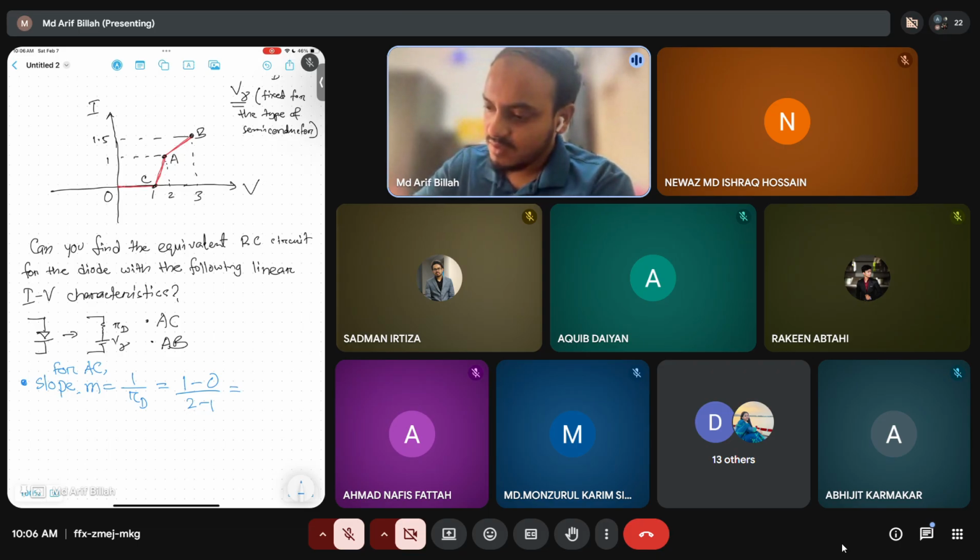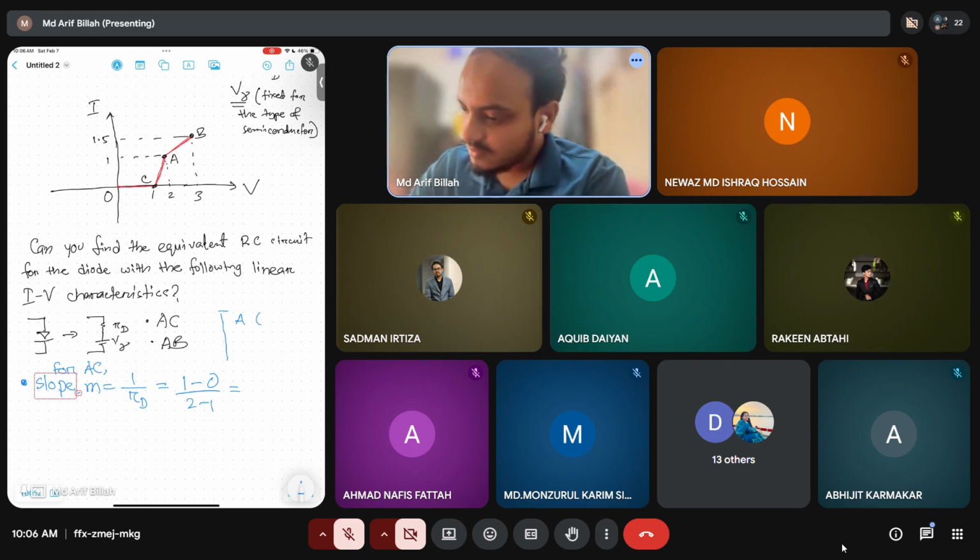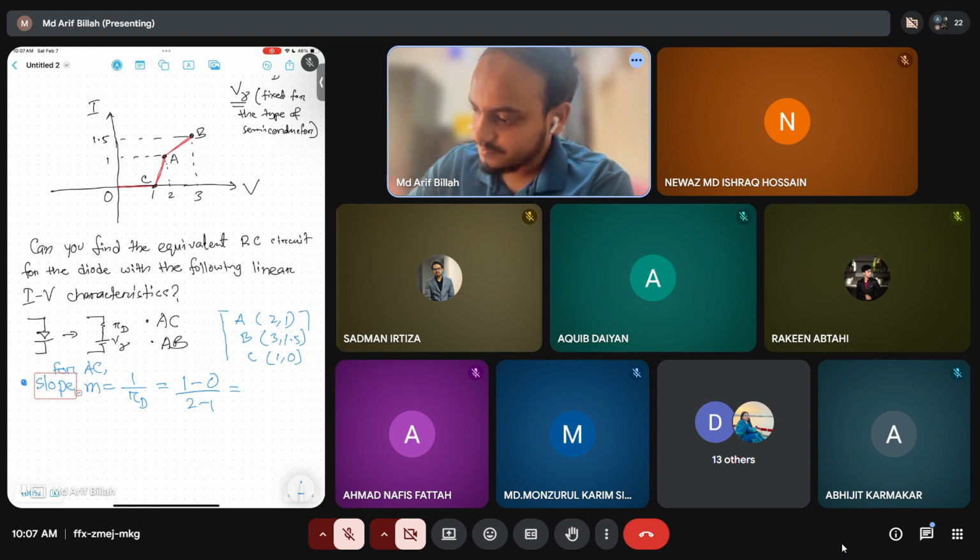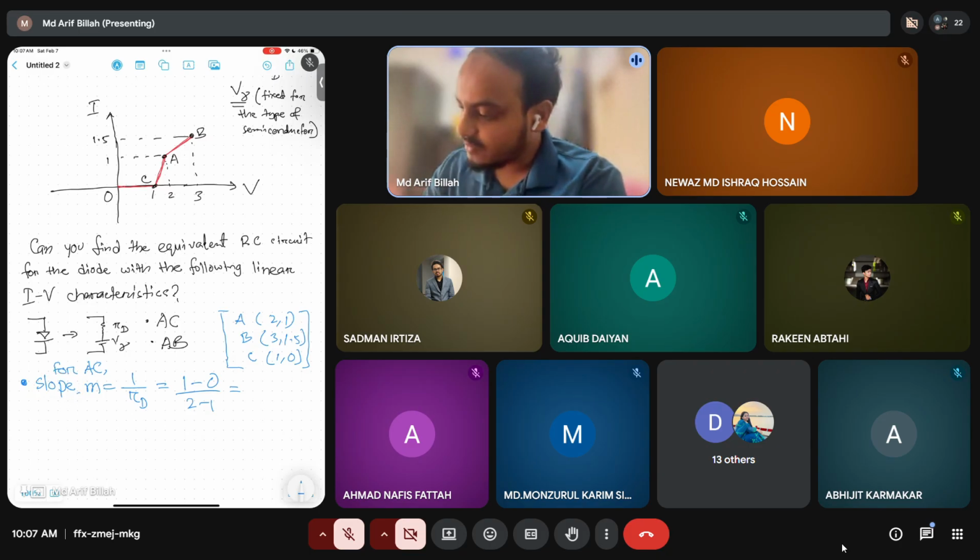Let me write the points here so it's easy. A is 2, 1, B is 3, 1.5, C is 1, 0. These are points on the graph.